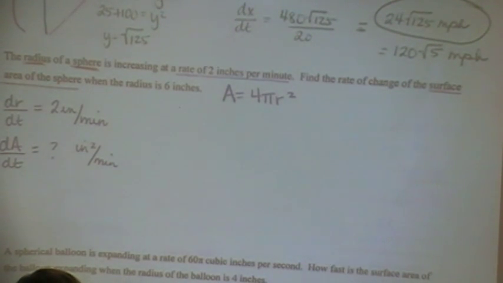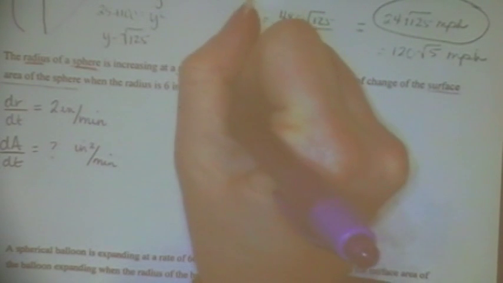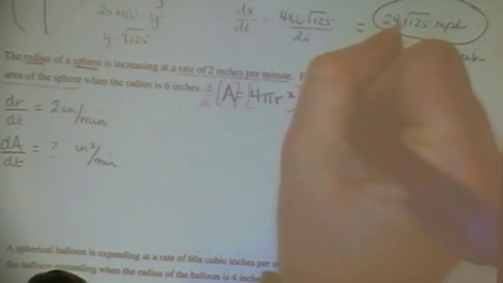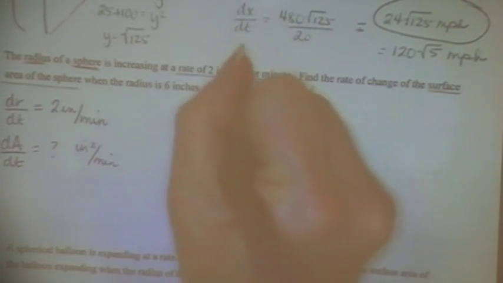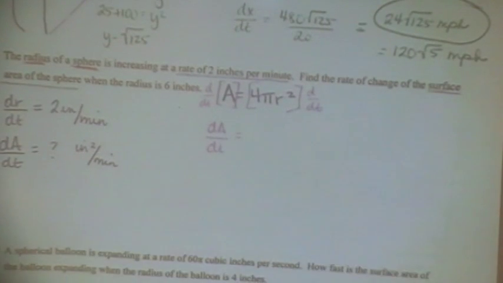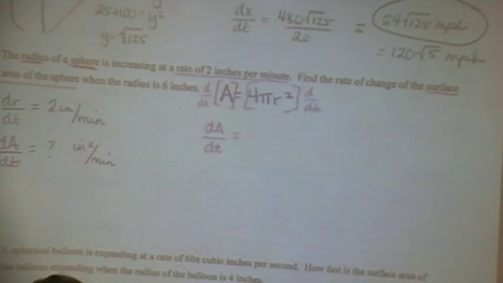Okay, so what now? We're going to take the derivative. So we're going to d/dt both sides. Take the derivative of both sides. And that's going to give me dA dt on the left. On the right, again, I'll probably say it 100 more times before the year's over, pi is a constant.